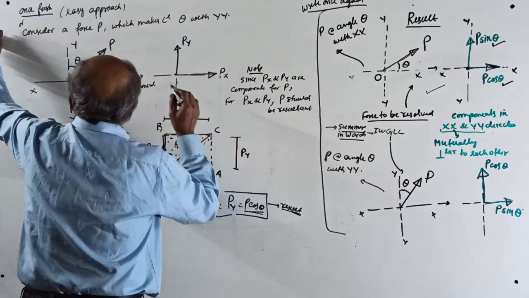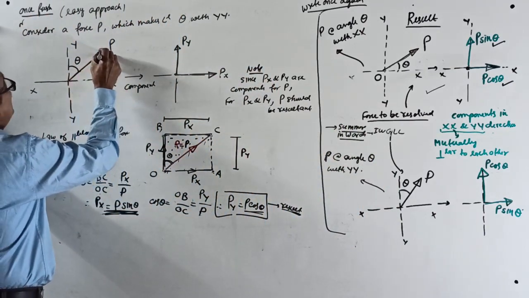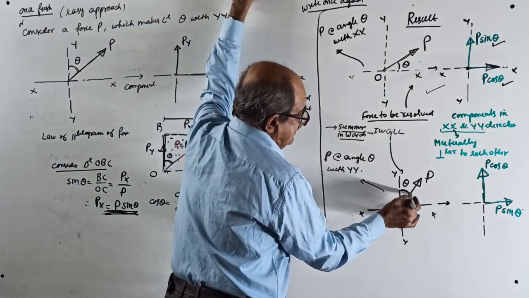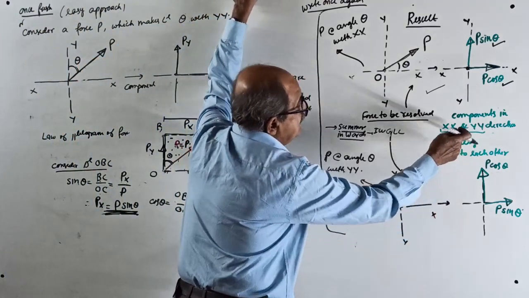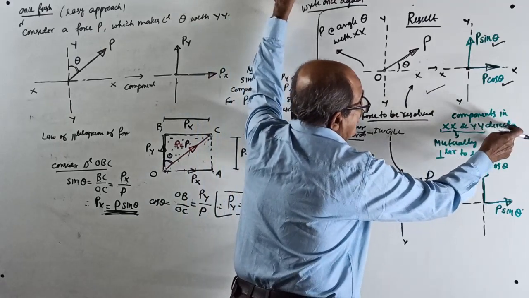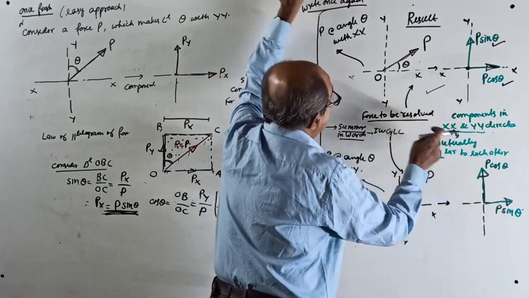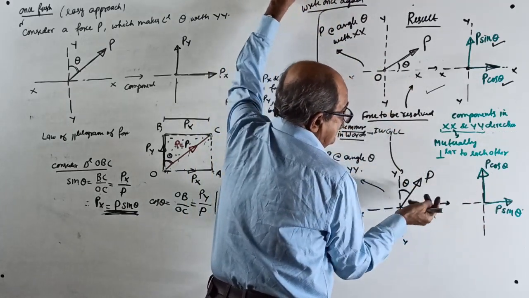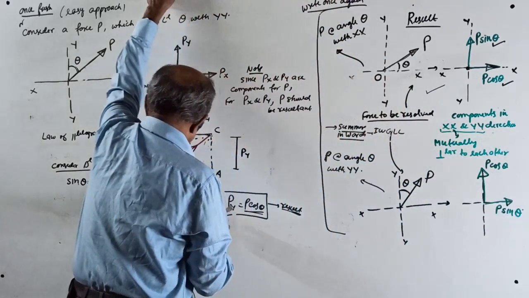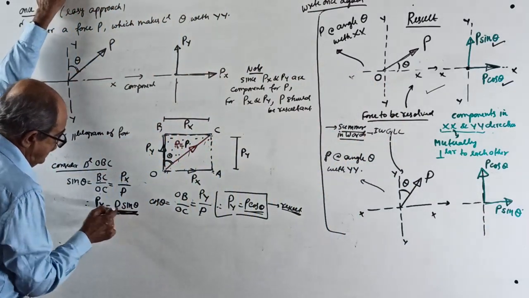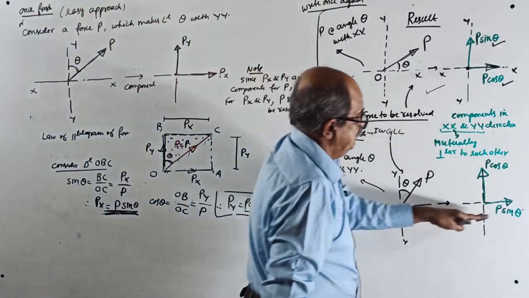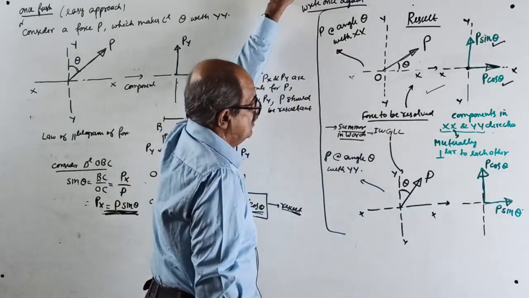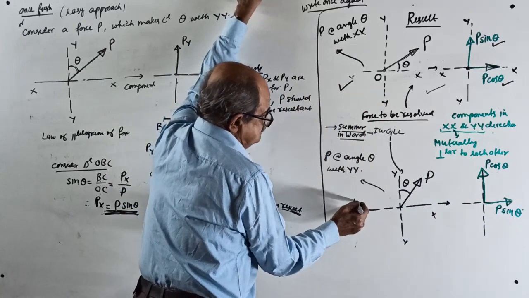If a force makes an angle theta with y direction, then x component is P into sin theta, and y component is P into cos theta. Once again, same result we got.